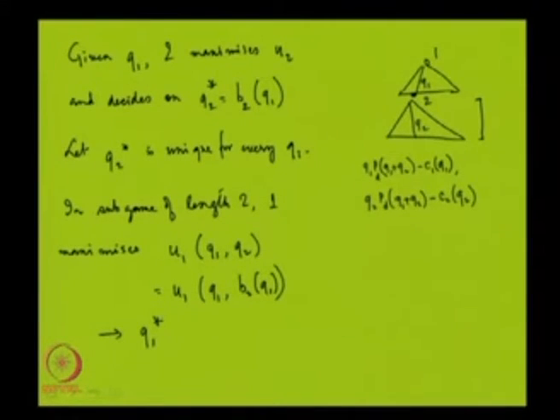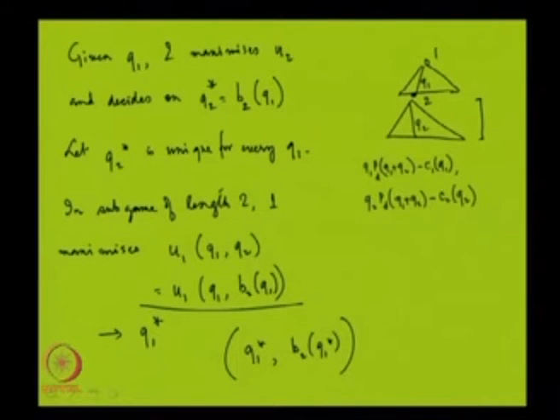All right. So, the subgame perfect equilibrium will be the following: in period 1, player 1, that is firm 1, will choose q1 star, which maximizes this function u1, which is a function of q1 and b2(q1), and in stage 2 the output that firm 2 will choose is given by nothing but this.